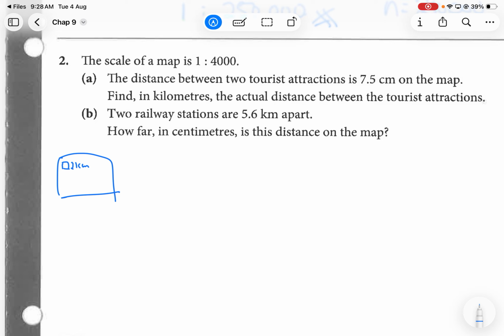So actually, I don't write all this anymore. After I know 30,000 cm, I just want to change it to kilometer. I just want to change 30,000 cm to kilometer.